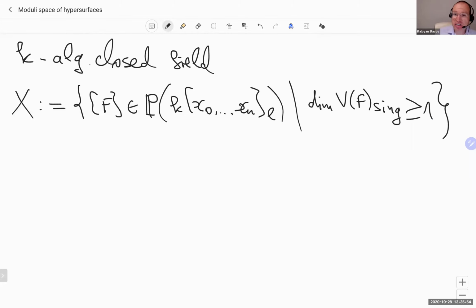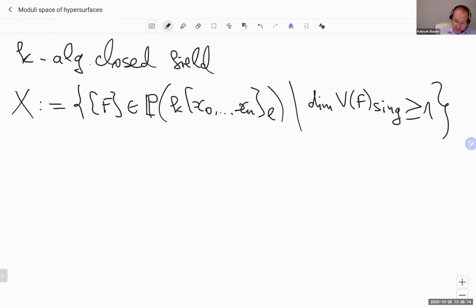Hypersurfaces singular along some unspecified curve. You can look at this X and ask what is the dimension of X? And what is an irreducible component of largest dimension? This is the question that we'll be looking at.